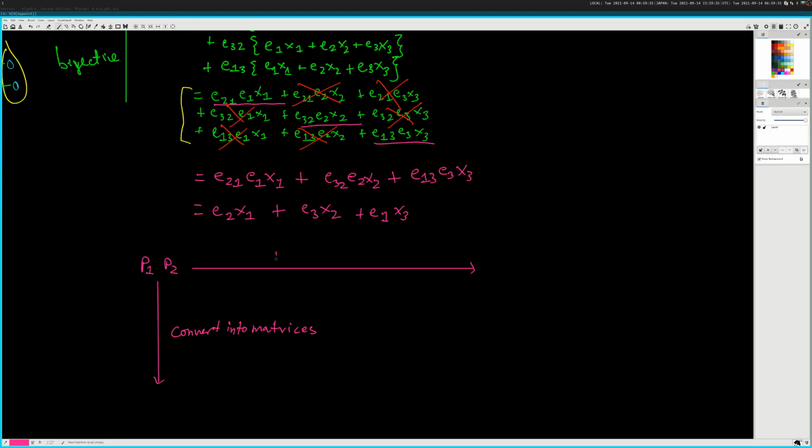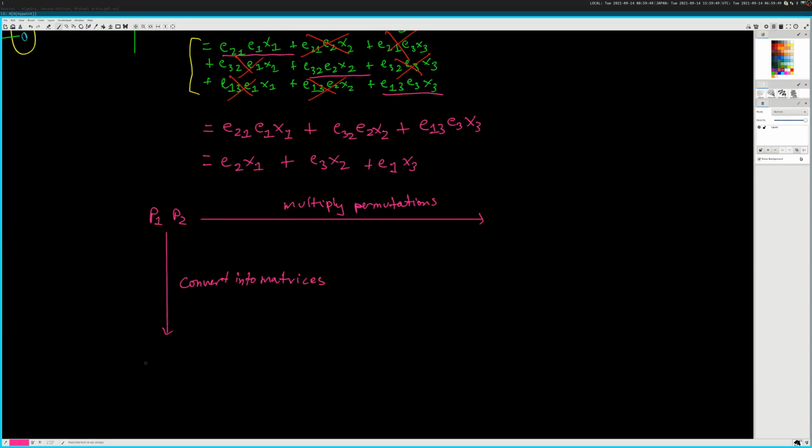This arrow is multiply permutations. And let's call the matrices pi 1, pi 2. Multiply matrices.